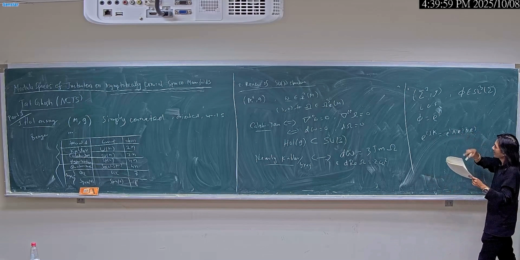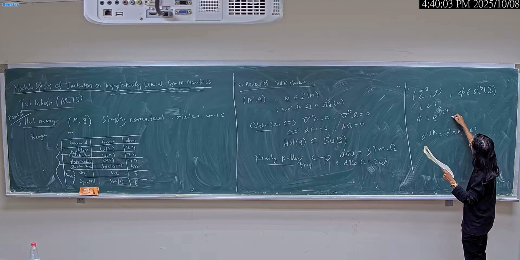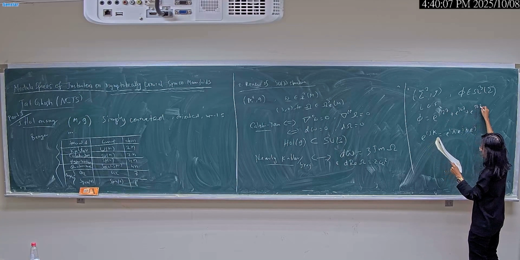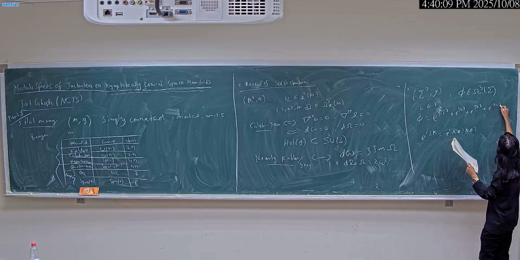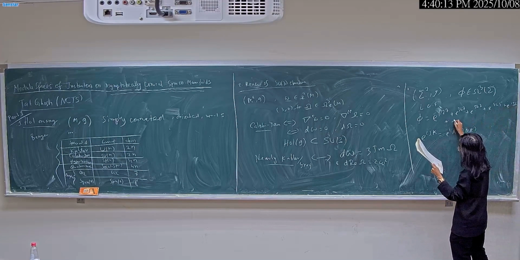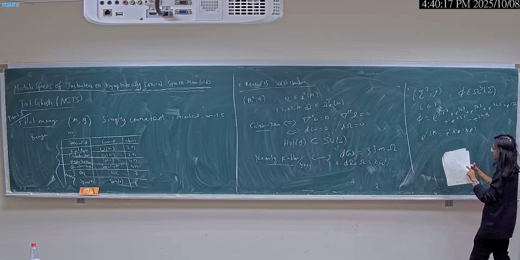Clearly a 3 form. So I can write this 3 form phi as e^127 plus e^347 plus e^567 plus e^145 plus e^136 plus e^235 minus e^246.